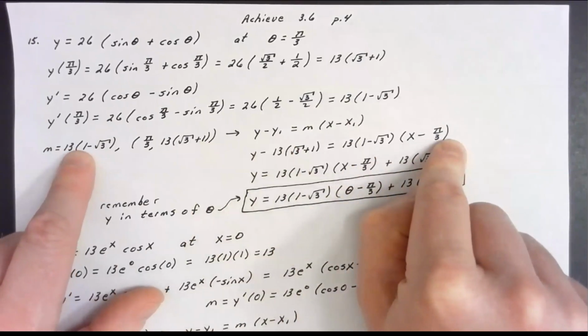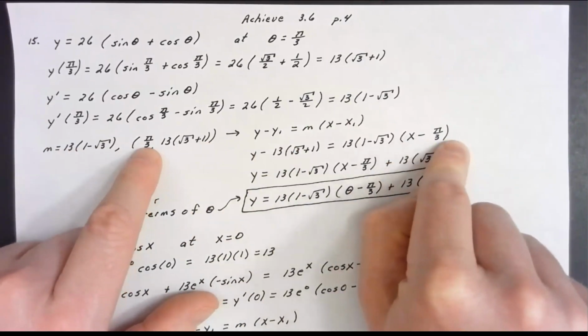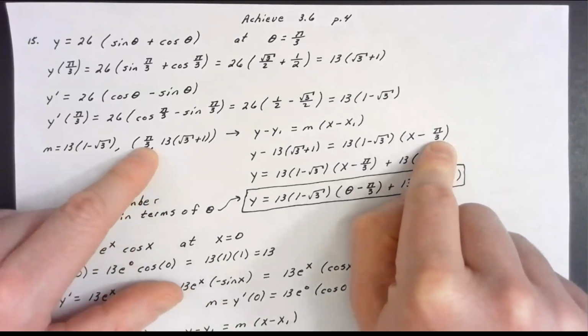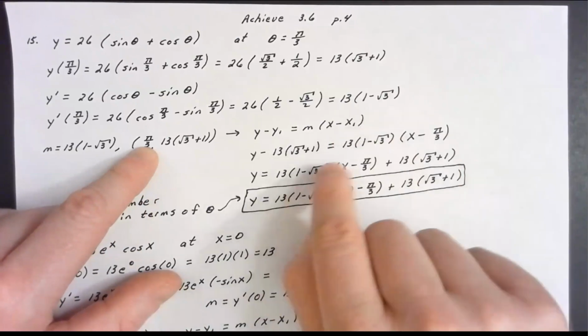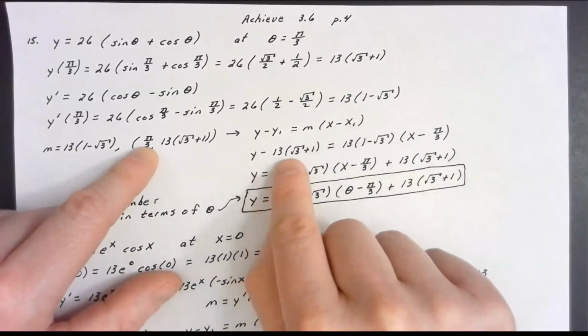Technically it's theta minus theta 1, so I'll have the minus pi over 3 there. Because it wants you to keep the answers exact, don't worry about distributing this through that quantity. Just move the plus 13 times the quantity square root of 3 plus 1 over.